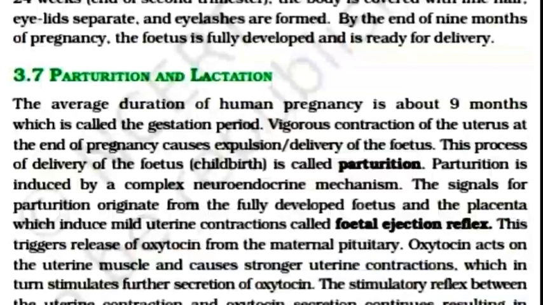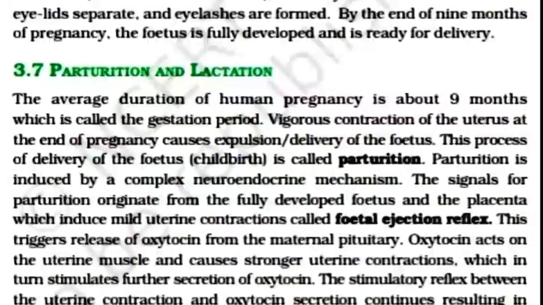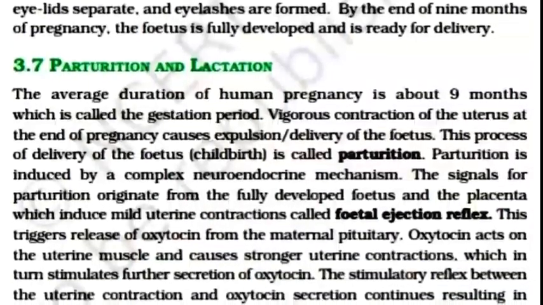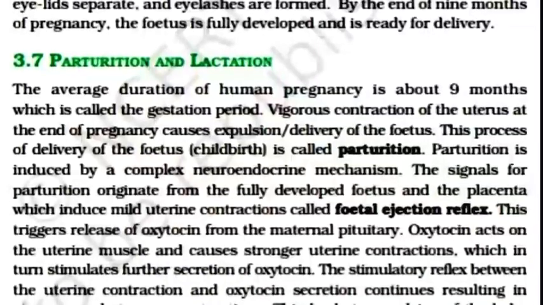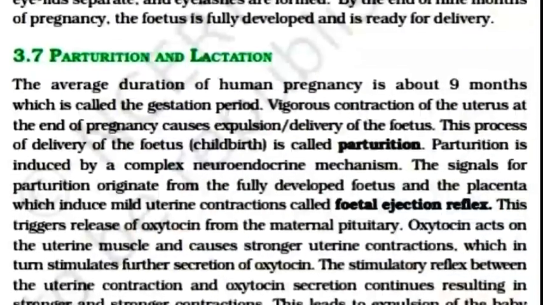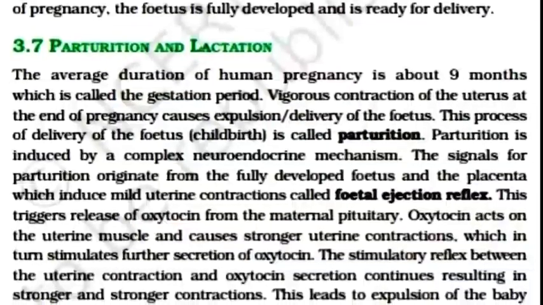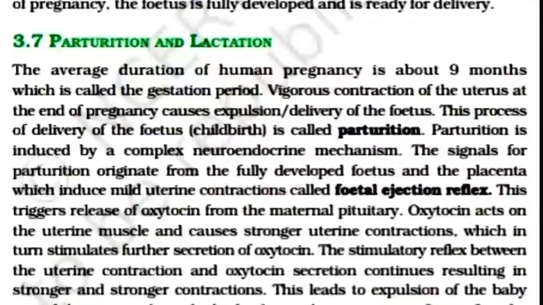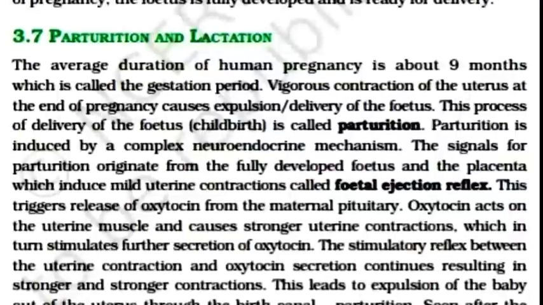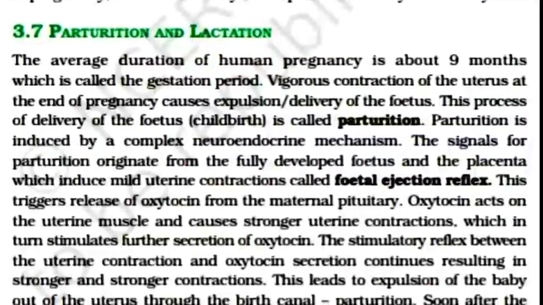Parturition is induced by a complex neuroendocrine mechanism. The signal for parturition originates from the fully developed fetus and the placenta, which induce mild uterine contractions called fetal ejection reflex.